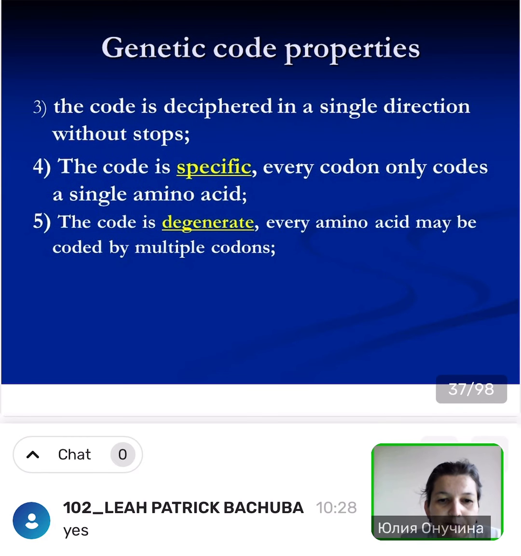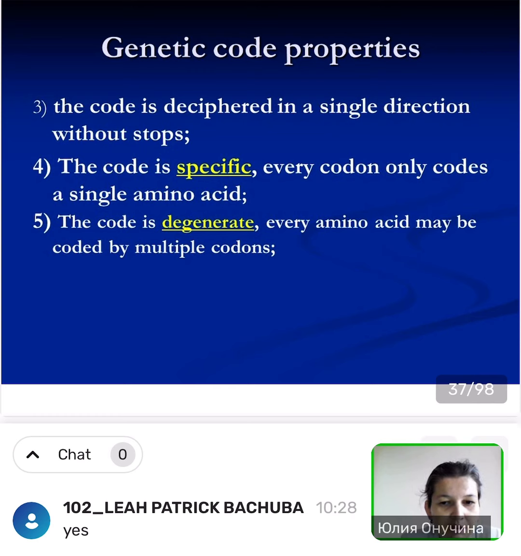So the next property of the code is that it is deciphered in a single direction without stops. Again, we talk only about eukaryotic cells. And the code is specific: every codon codes only a single amino acid.